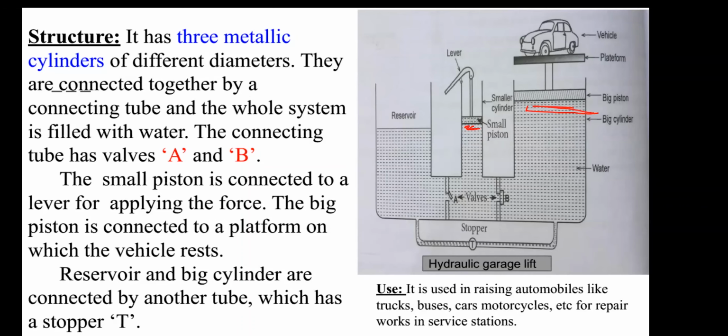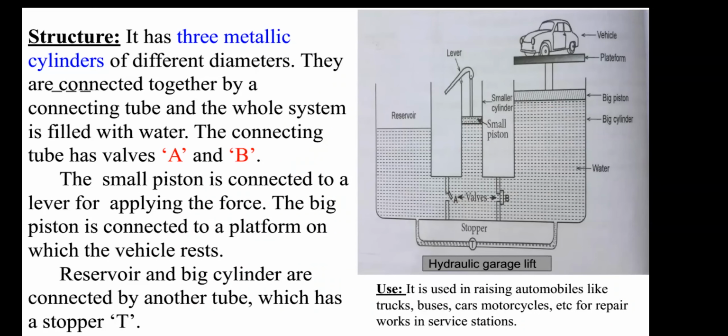Further, these three cylinders are connected by a connective tube, this horizontal connective tube, which has two valves on it.